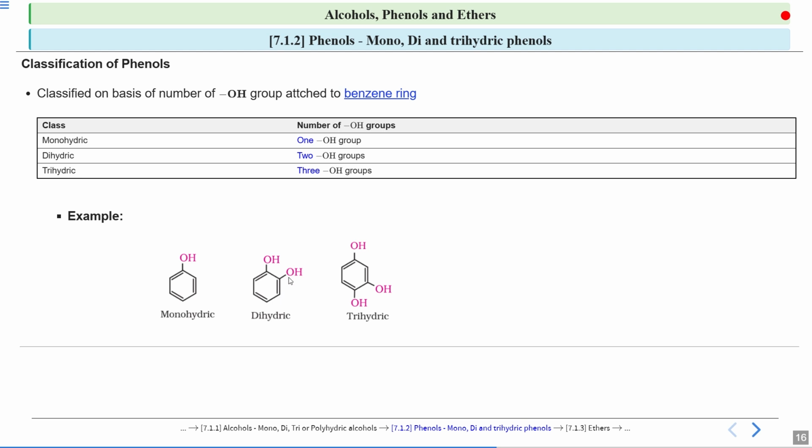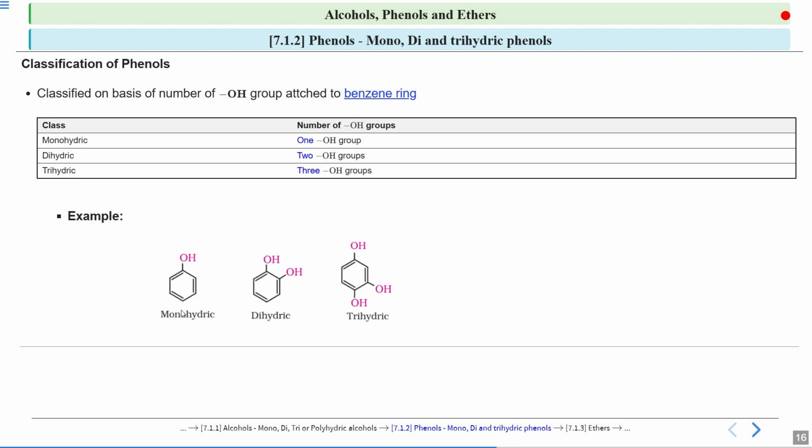This 1,2-dihydroxyphenol is dihydric, and this 1,3,4 phenol is trihydric because 3 hydroxyl groups are present in this benzene molecule, or you can say 3 hydroxyl groups are directly attached to the carbons of the benzene ring. Okay, so this is trihydric.